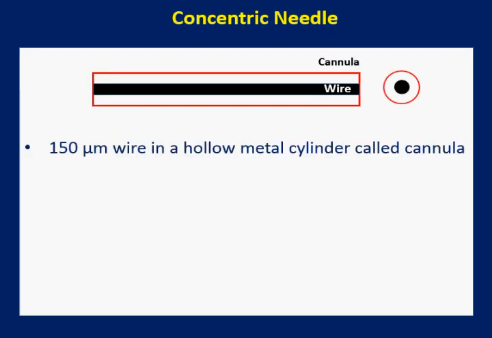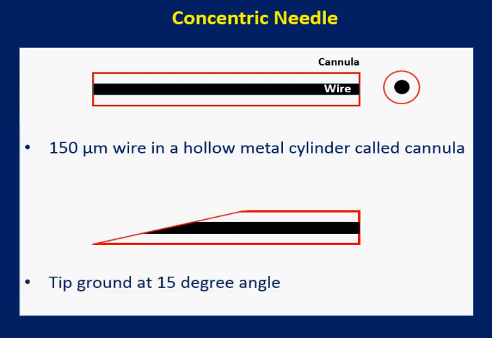The routine needle EMG examination is performed using intramuscular concentric or monopolar electrodes. The concentric needle consists of a 150 micron diameter wire inserted in a hollow metal cylinder called the cannula.